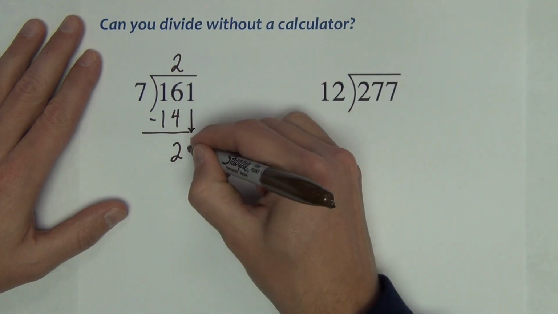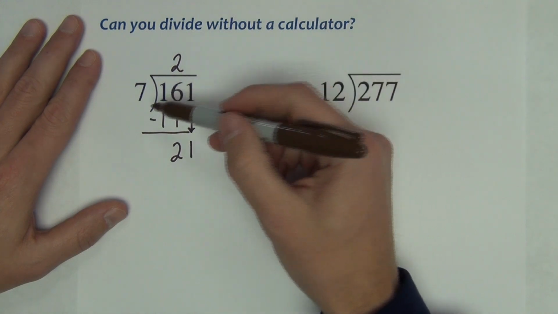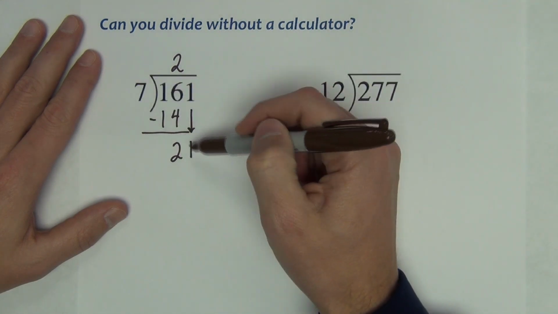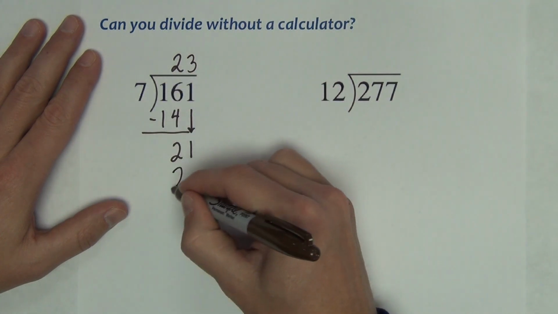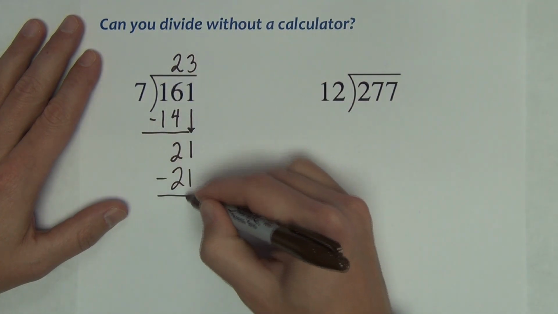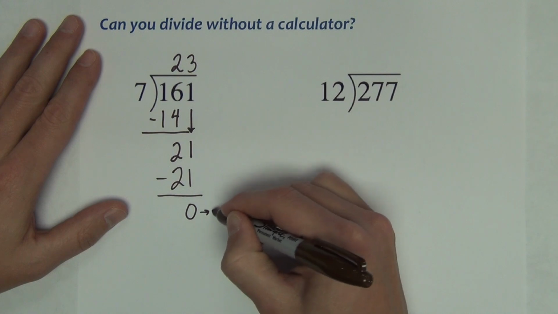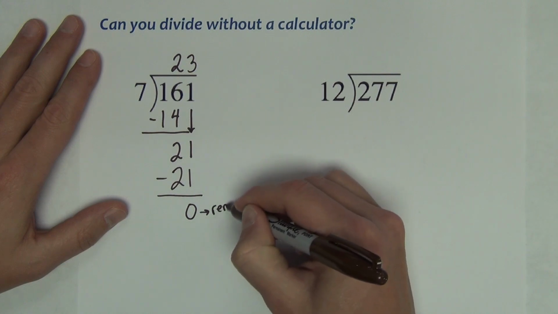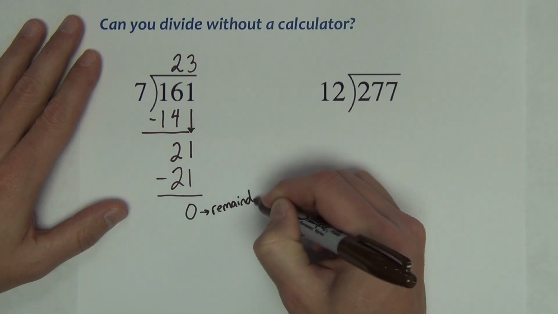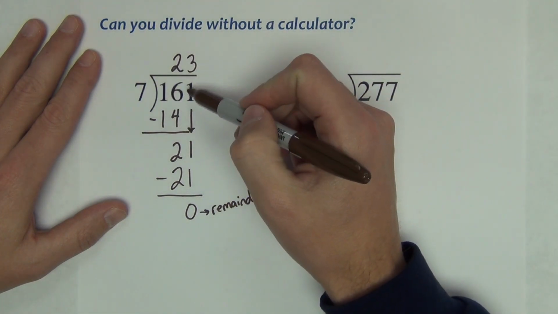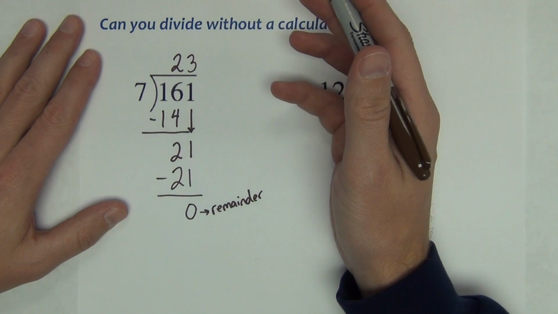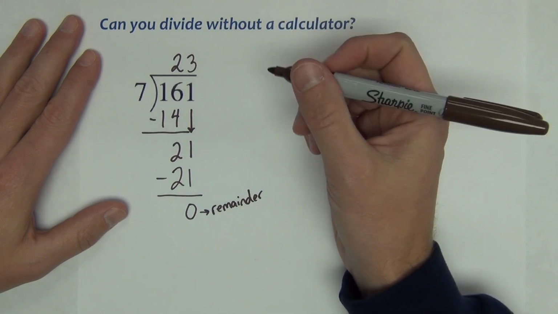We bring down the next number, 1, and now we repeat the process. 7 goes into 21 3 times. 7 times 3 is 21. Take away, and we get a remainder of 0. In other words, 7 divides into 161 23 times evenly. Nothing left over, no fractional part left over.